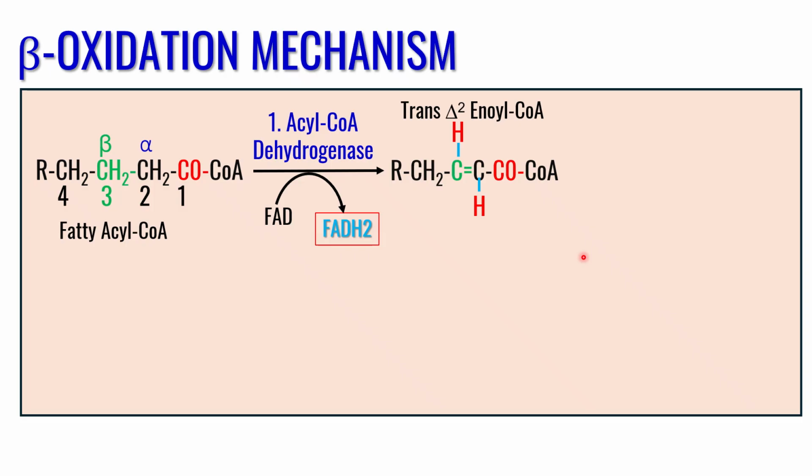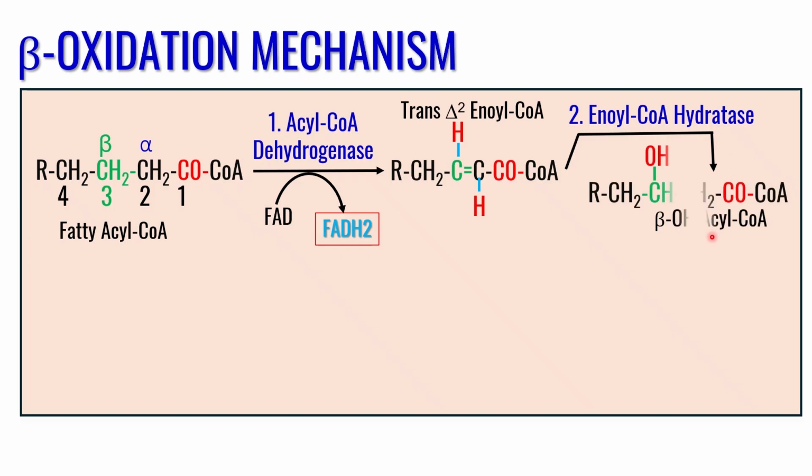Now in this next reaction, there is addition of a water molecule, which is catalyzed by enoyl-CoA hydratase, forming beta-hydroxyacyl-CoA. I have shown the beta carbon atom in this cartoon with green color just to make things clear. So this is hydroxylated fatty acyl-CoA.